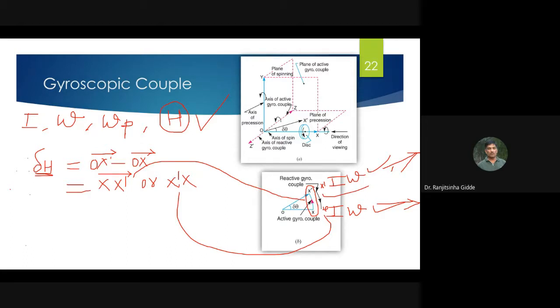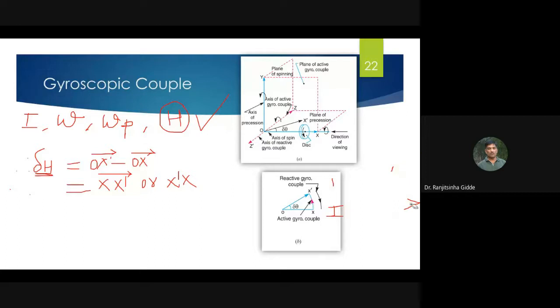So next line you can write is equal to here. So how to find this? Any one of these two. So this is the new position and this is the arc.